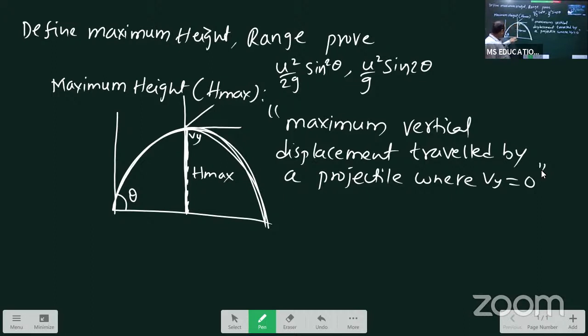This gap, this displacement, this height, we are treating as maximum height, maximum vertical distance, maximum vertical displacement traveled by a projectile where Vy equals 0.